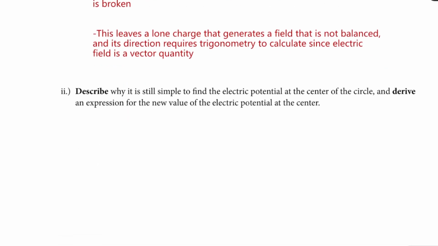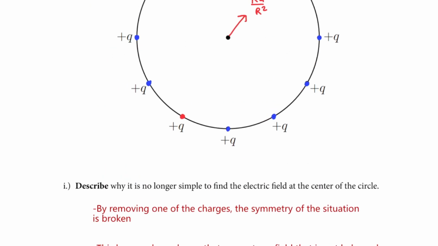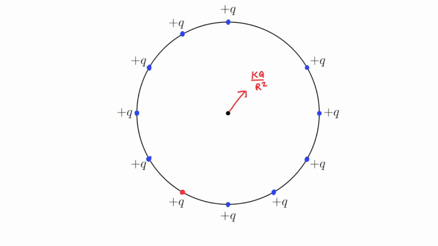But why is this not an issue to find the electric potential at the center still? Well, electric potential is a scalar. So if originally I had 12 KQ over R because I had 12 spikes adding to the height of my terrain, well, I just removed one of the 12 spikes.